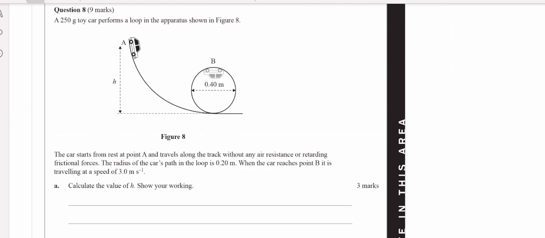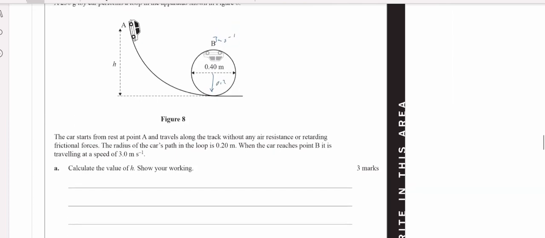A 250 gram car performs a loop in the apparatus. At B, the speed is 3 meters per second, radius is 0.2. Calculate the value of h.